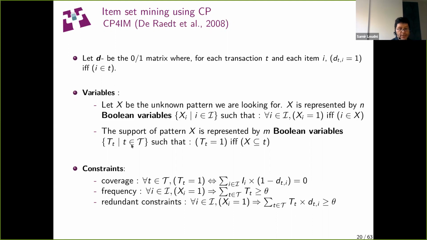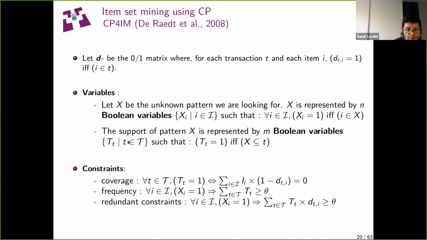The second kind of variable, where X is the decision variable, is what we call variables on transactions.